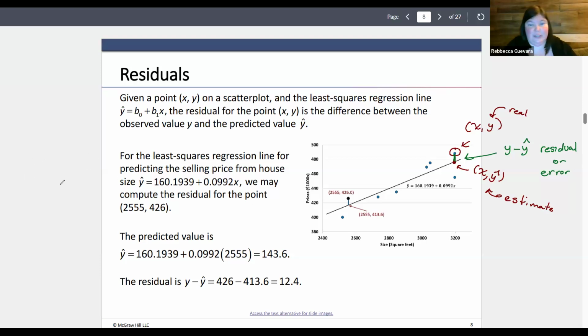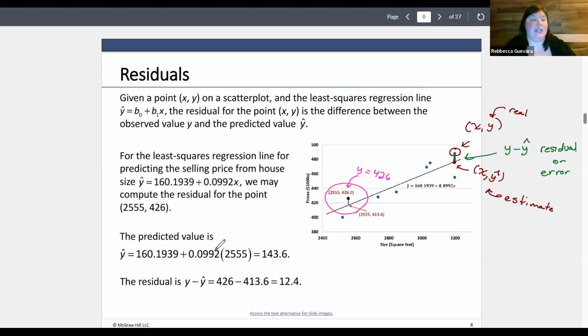So as another example here, if we look at this point, the real value is going to say that y is actually, sorry, if x is 2,555 square feet, we expect a house is going to sell for, oh, sorry, not 4,000, $426,000.